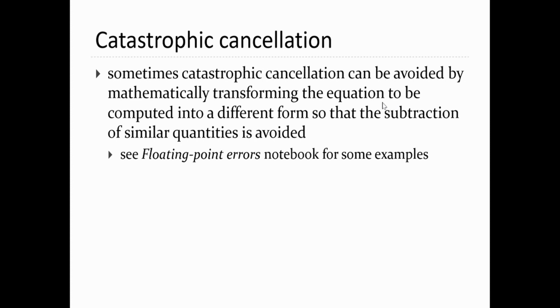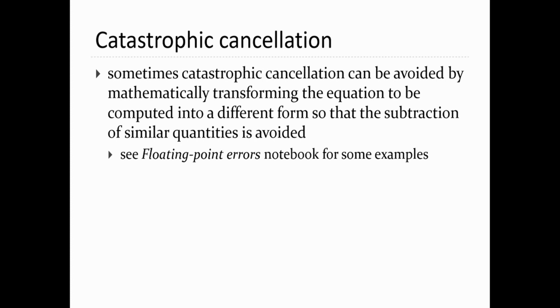Now, every once in a while, you can play some tricks and avoid it. You've got some formula that you're computing, and you can rearrange that formula or transform it so that the cancellation doesn't happen. This doesn't happen very often, so it only happens in very specific instances.